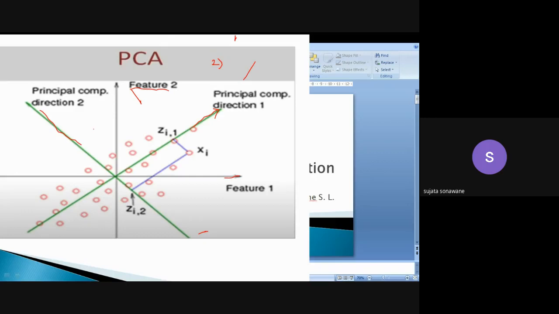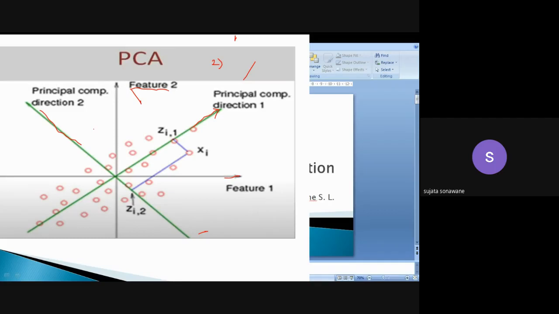Therefore the number of principal components you can draw here will be equal to the number of features, or it can be less than the number of features. When it is two-dimensional, we have x1 and x2, these are the two features. So either you can use one principal component or two principal components.